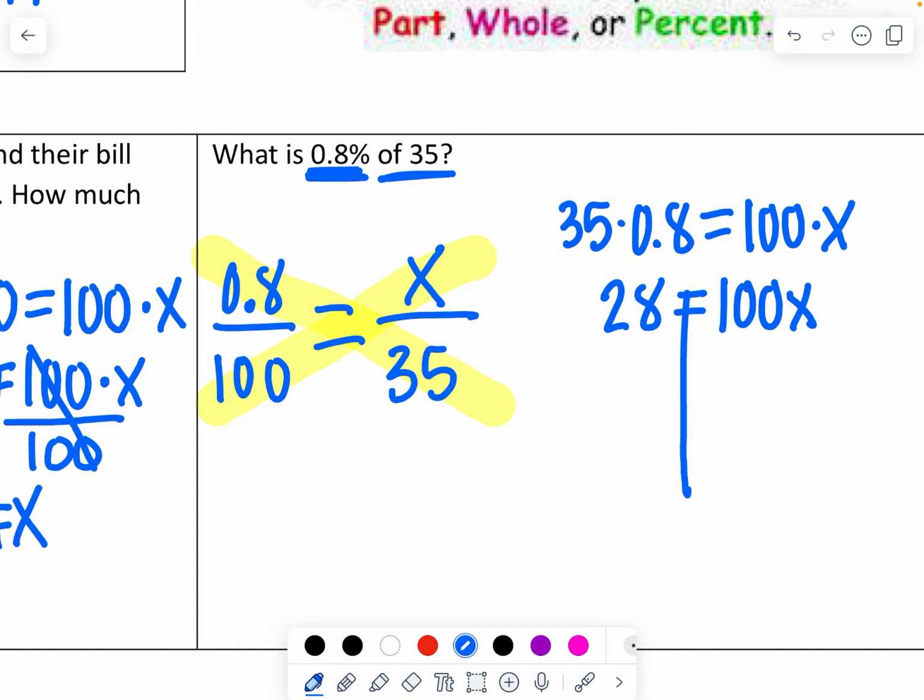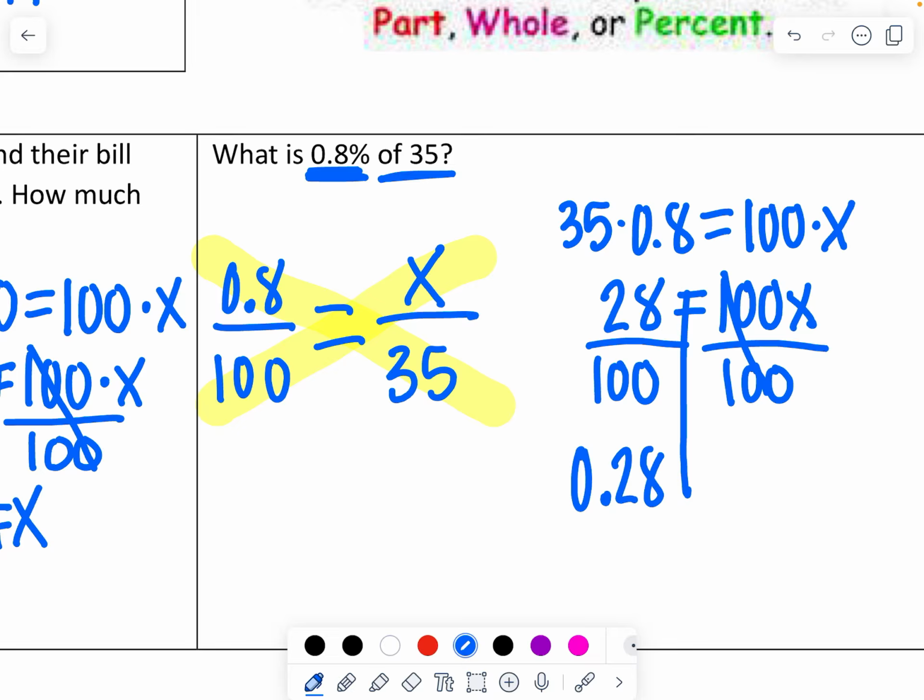And then from there, you would divide by 100. So 28 divided by 100, do that in your calculator or move your decimal twice to the left. And you should get 0 and 28 hundredths.